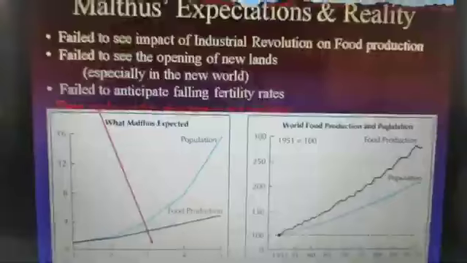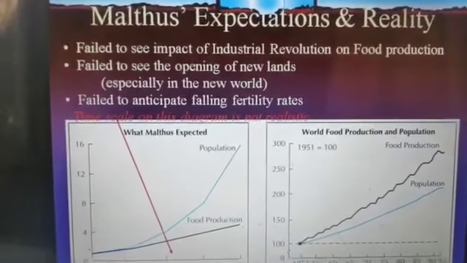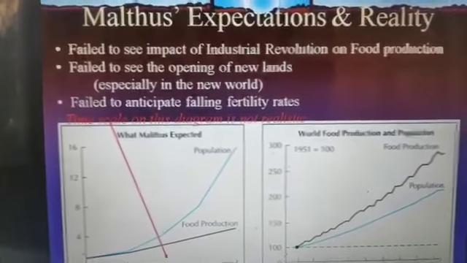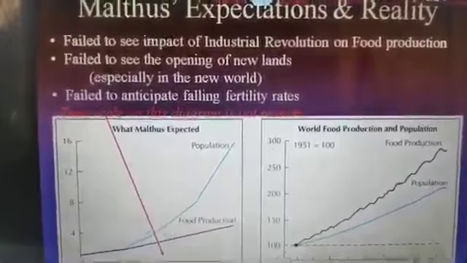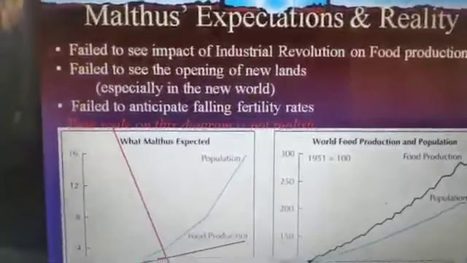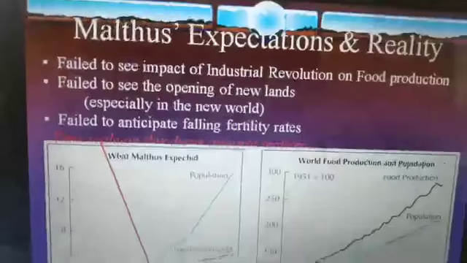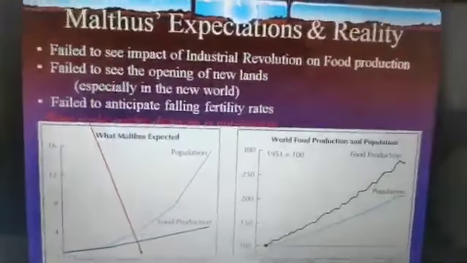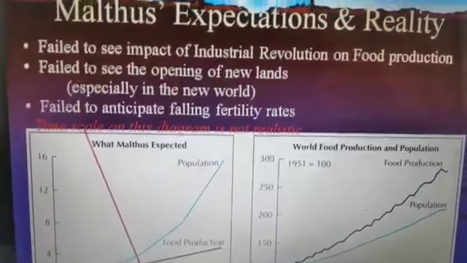So dear students, one more thing: many criticize the theory of population by saying that Malthus failed to see the impact of the industrial revolution on food production. Yes, it's okay, but this is not a failure, because due to Malthus the development story begins.